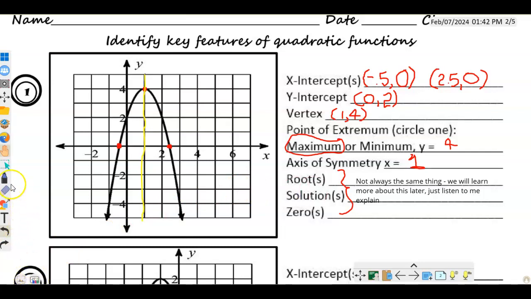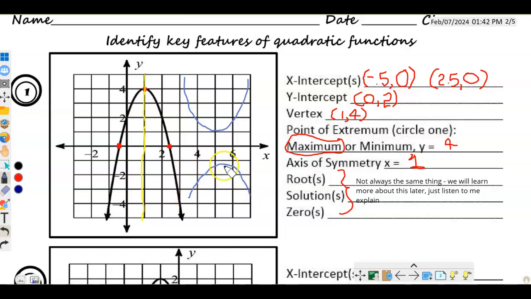Now, what I want to tell you in particular right now is that you might have a couple of parabolas that go like this. They do not cross the x-axis. Do you see that? This parabola has a minimum that is above the x-axis. You also might have one that looks like this.